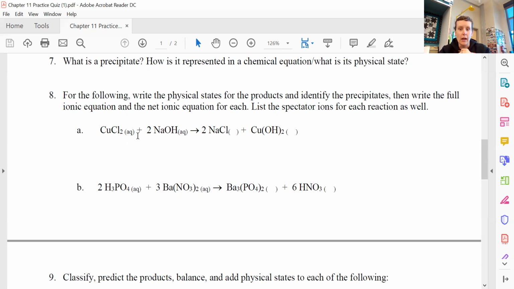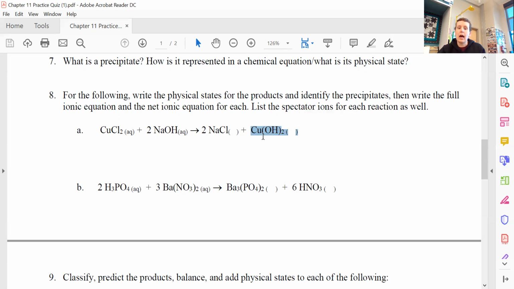And when you get to that net ionic equation, you're going to end up with Cu2+ aqueous plus 2OH- aqueous, arrow Cu(OH)2 solid. So this chunk right here will be after the arrow with a little s in parentheses, okay?